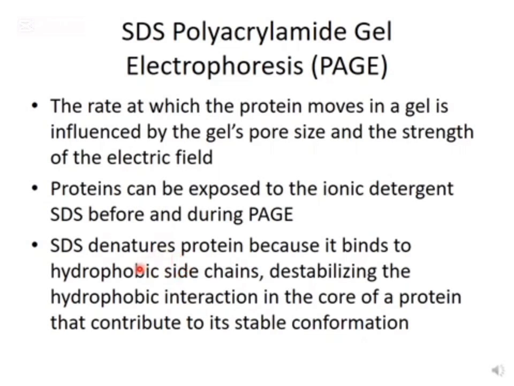That binding would disrupt the hydrophobic bonds that put together the protein's 3D structure, destabilizing the hydrophobic interactions of the protein, and this would cause it to lose its 3D structure and to destabilize its conformation, bringing it back to its primary polypeptide chain structure.